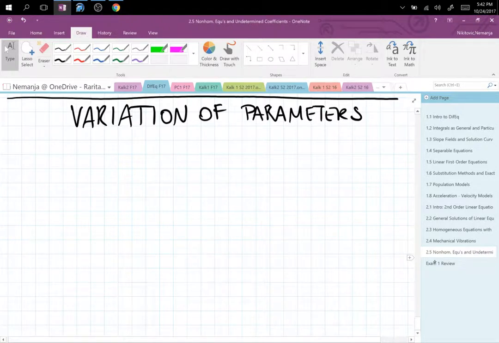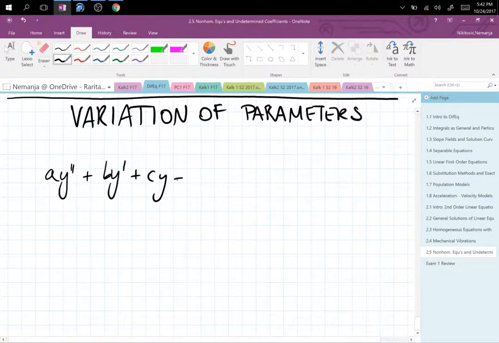Hello and welcome back to Differential Equations, section 2.5, part 2, which is variation of parameters. So we've talked about non-homogeneous second-order differential equations, where you had equations such as ay double prime plus by prime plus cy equals f of x.